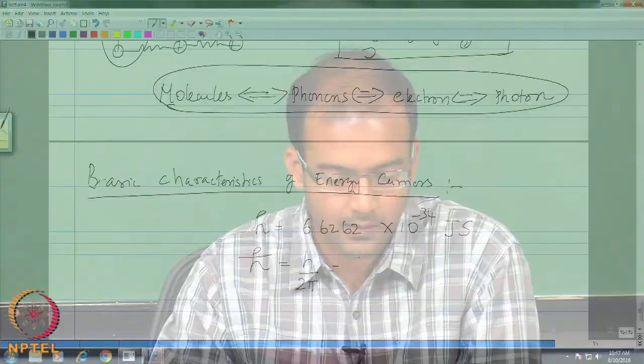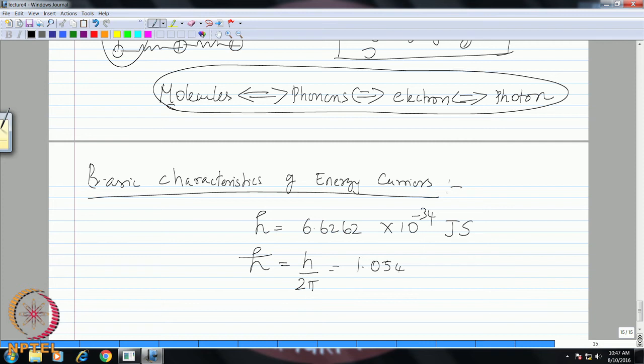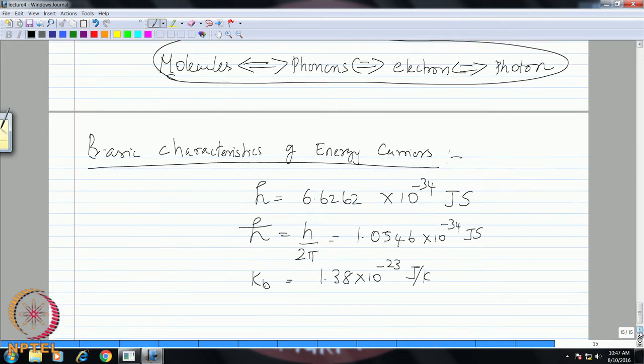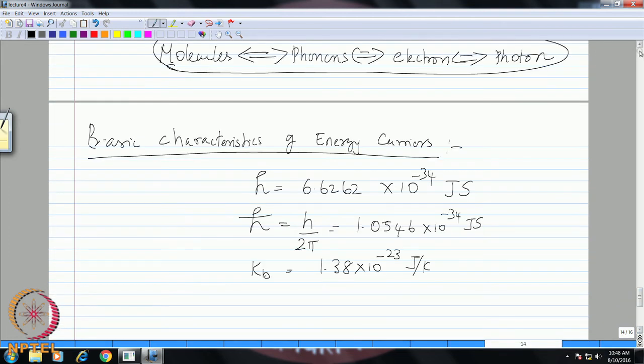This is nothing but h by 2 pi, and this is 1.0546 times 10 to the power minus 34 joule second. We will also be using the Boltzmann constant k subscript B, 1.38 times 10 to the power minus 23 joules per Kelvin. These are the standard universal constants we will be using in this course very often, so that is why I am giving that upfront.